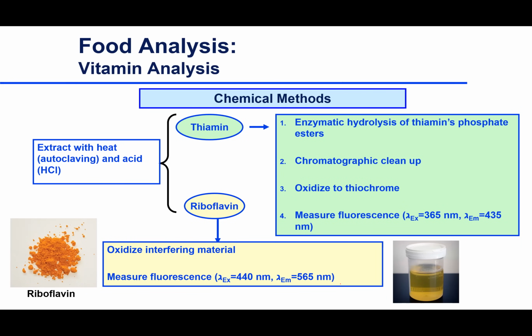So thiamine and riboflavin are two vitamins that are important to measure, particularly in certain foods. And why would that be the case? What's special about these two vitamins in the food supply? The term I'm looking for begins with an F. It's not an obscene word.